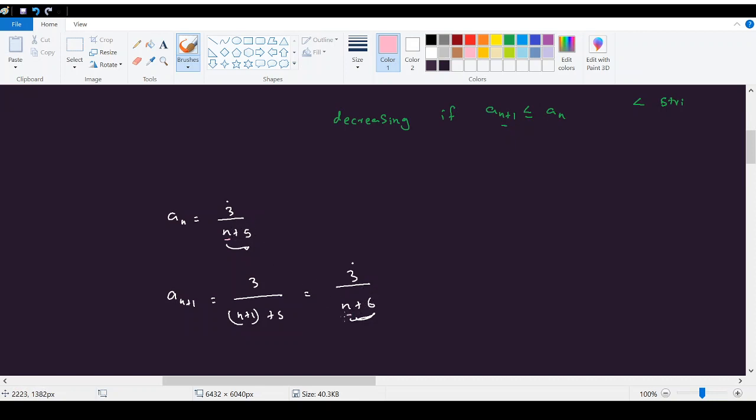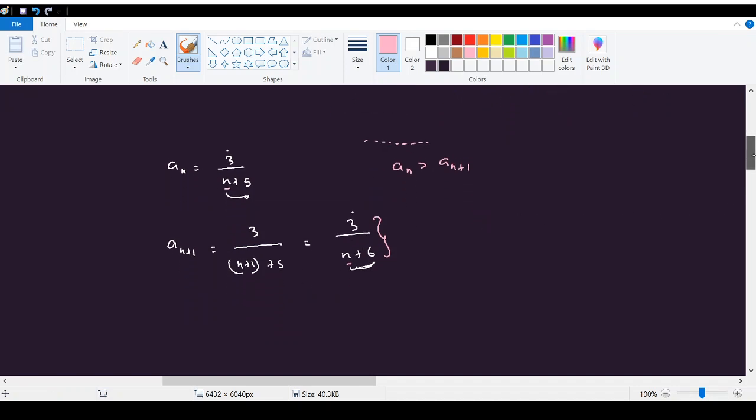So this has a larger value, that means this is small. In other words, we can represent that inequality like this. Which means our sequence decreases when n increases.